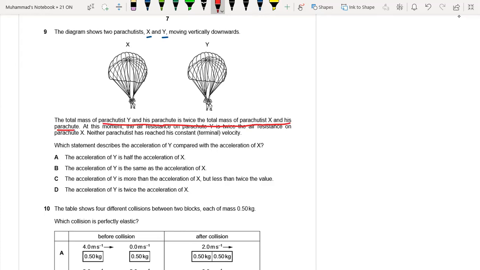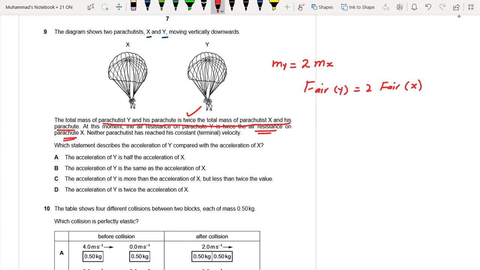So this is very important information, that mass of Y is twice the mass of X. Okay. And at this moment, the air resistance on parachute Y is twice the air resistance on parachute X.